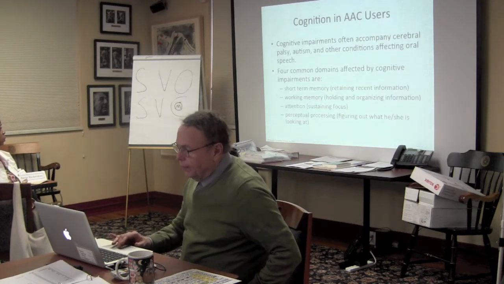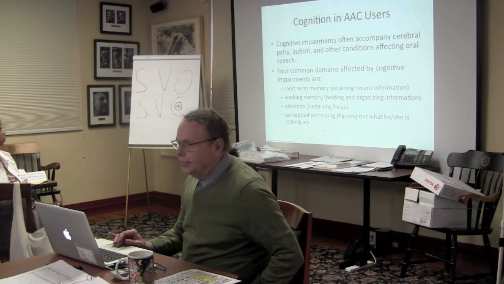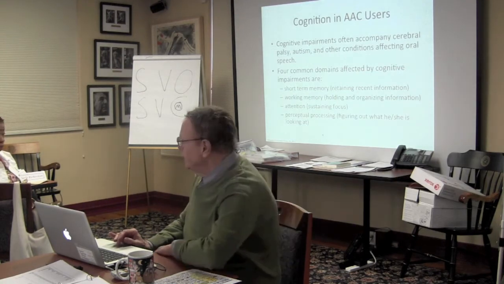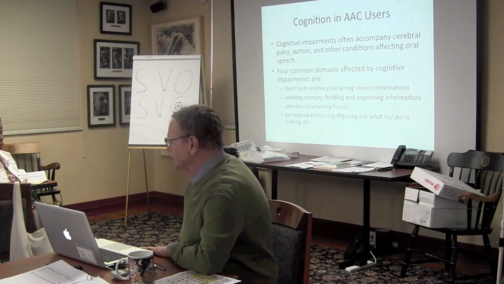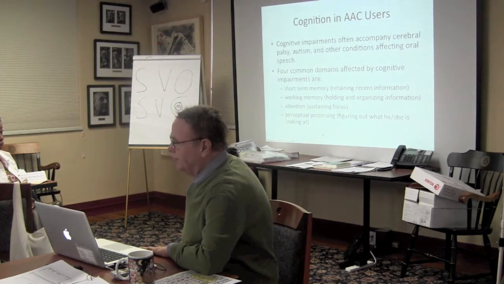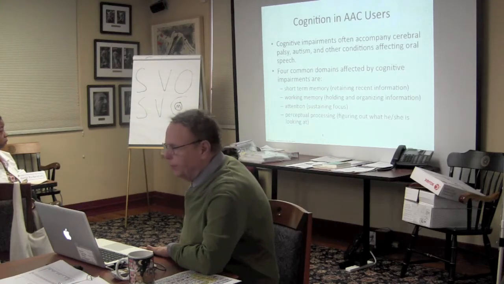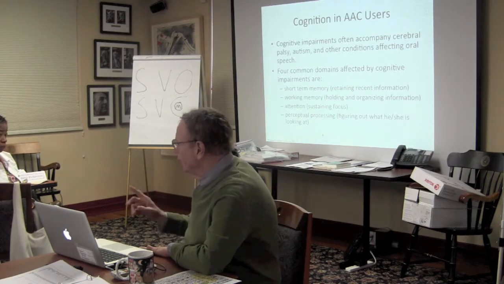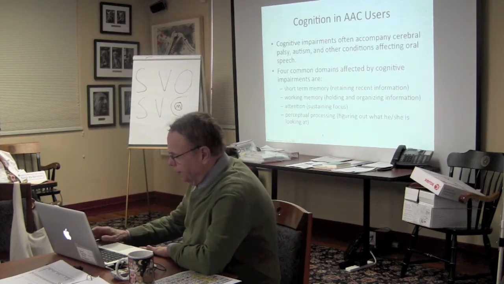Okay. Perceptual processing. When you see a picture, do you automatically recognize it? If you haven't seen it in, say, 2 weeks? Yeah. If you haven't seen it in a week, if you're cognitively impaired, how long does it take to reorient yourself to this whole thing?